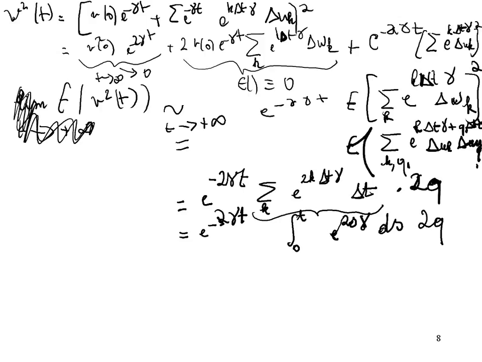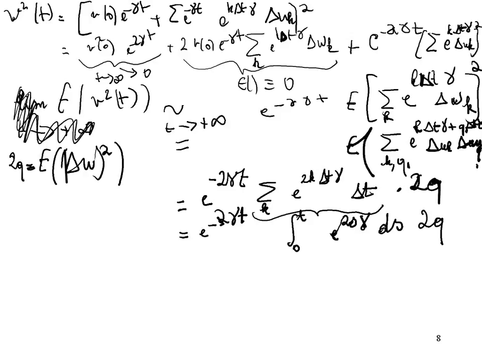We said before that 2q by definition was equal to the expectation of d omega squared, which we will write this way.